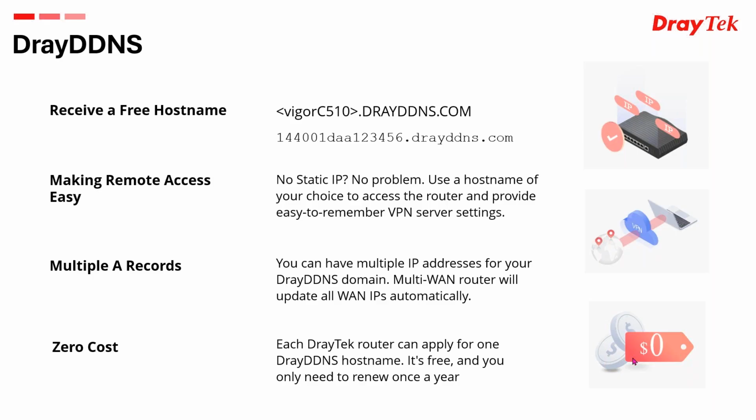What it does is map a domain name to a dynamic IP address that might be assigned to your router by the ISP. So the system ensures that even when the IP address changes, the domain name can still be used to access the router or your VPN services or any other services.